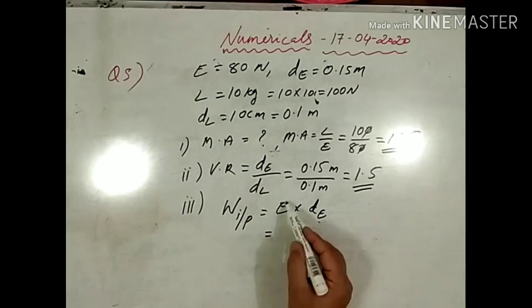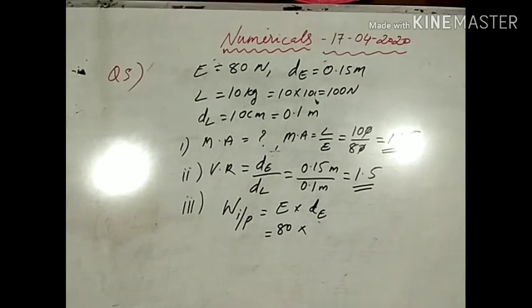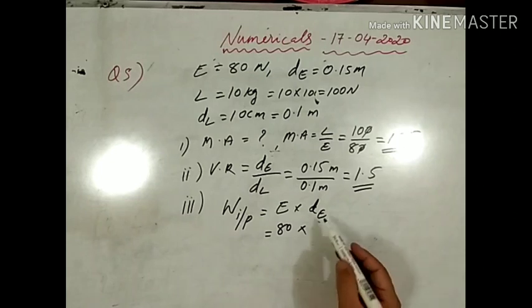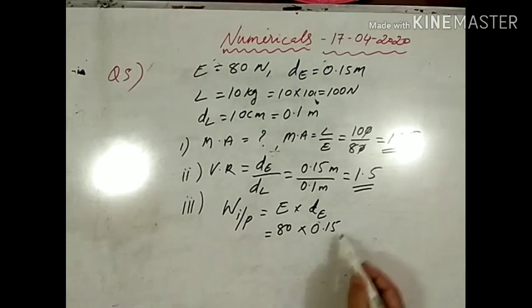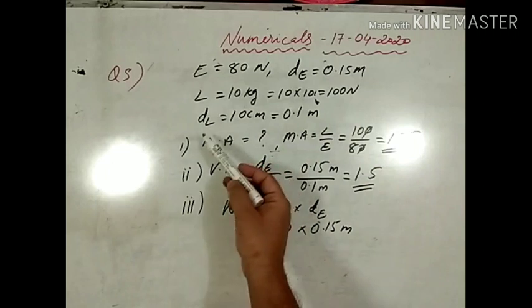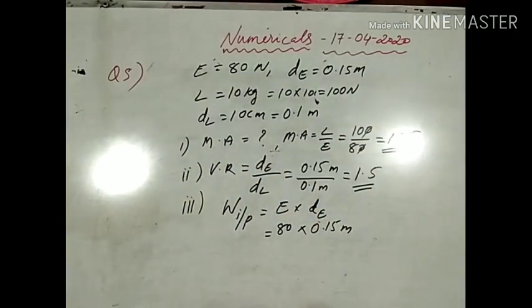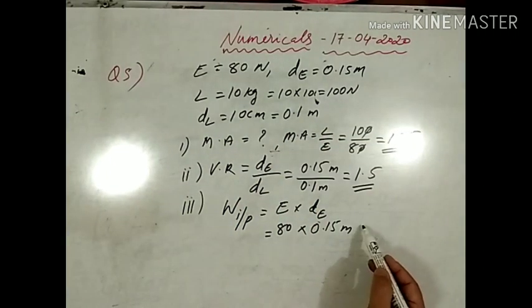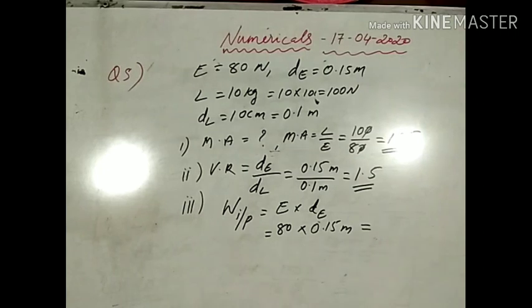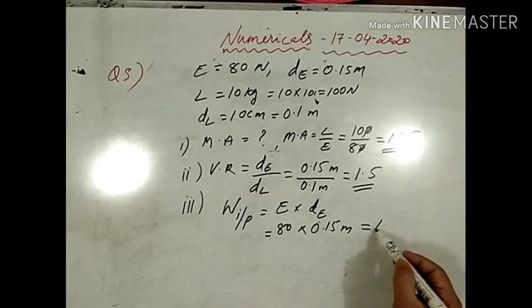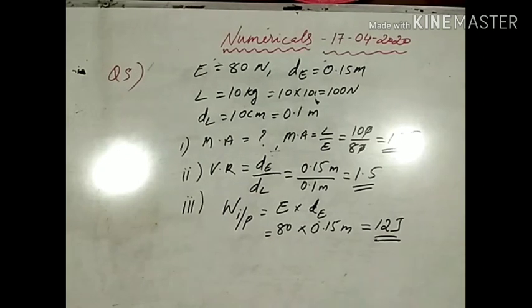That is equal to, what is effort? 80 into displacement of effort, 0.15 meter. Just multiply and see. That is equal to 12 joule. 12 joule, that is the unit of work.